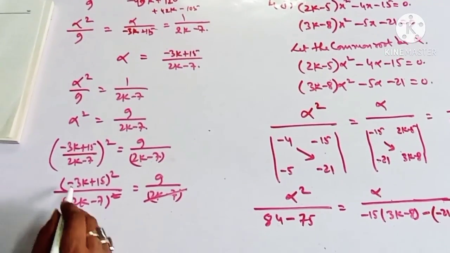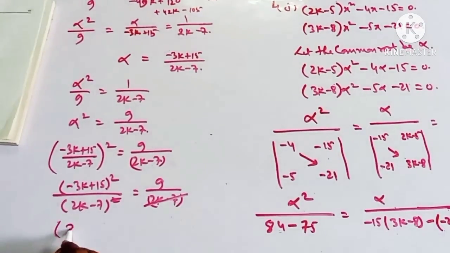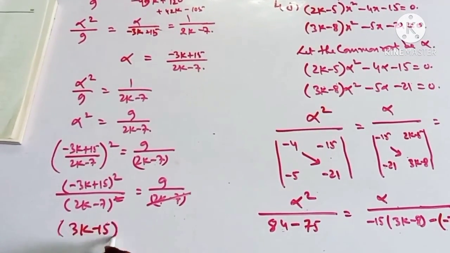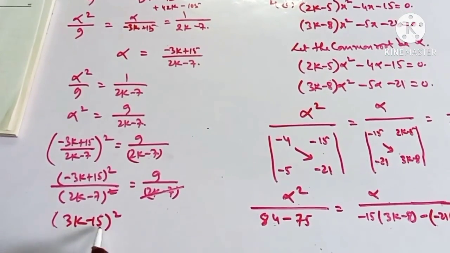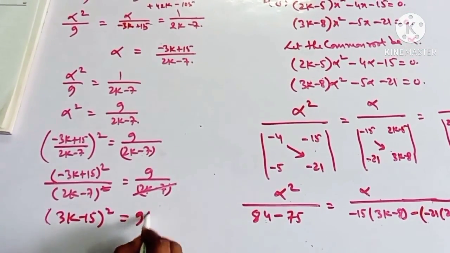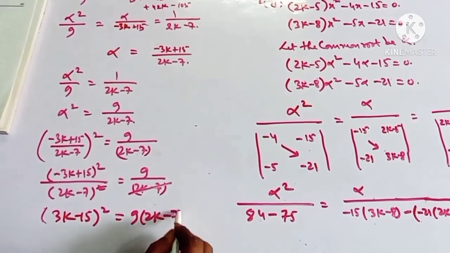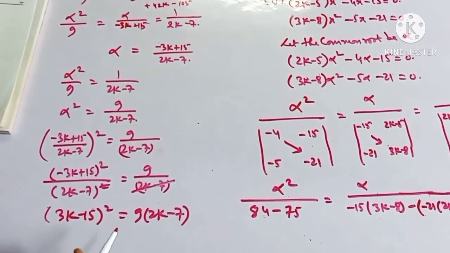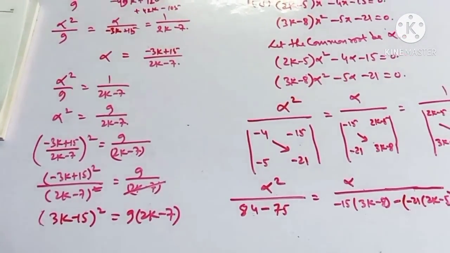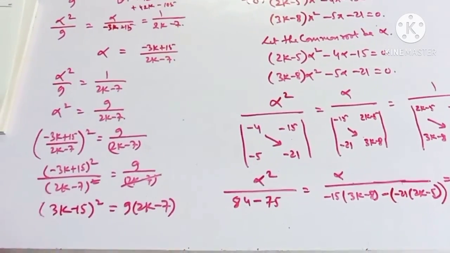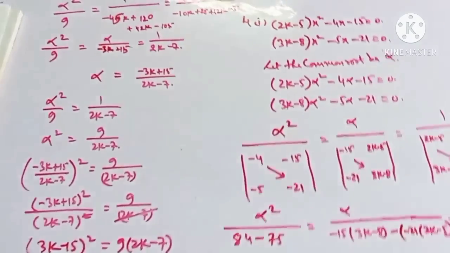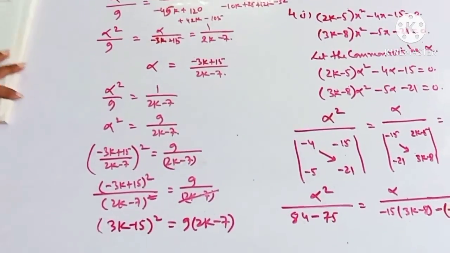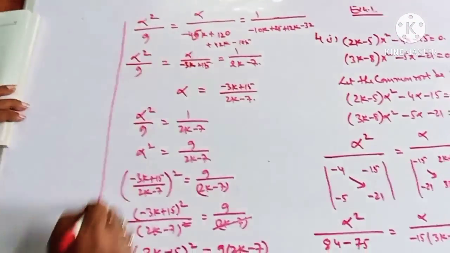So here I can write this like this also, 3k minus 15. So minus common, and because there is square, it will be plus. The result is this, 9 by 2k minus 7. So here a minus b the whole square.